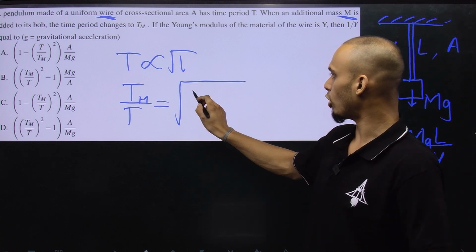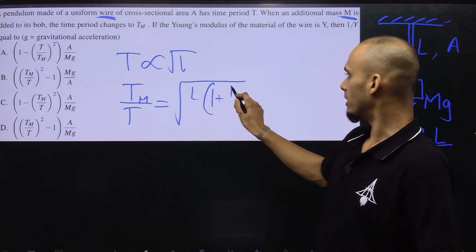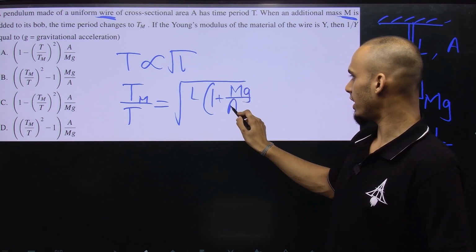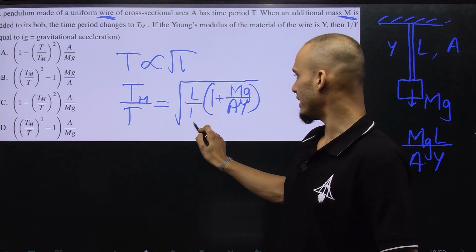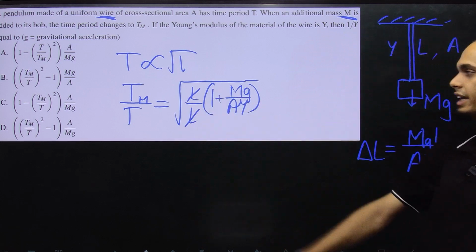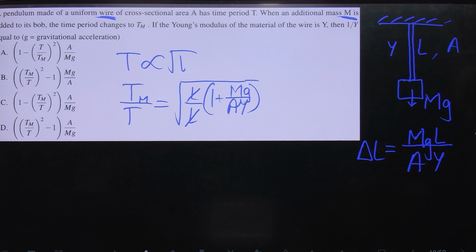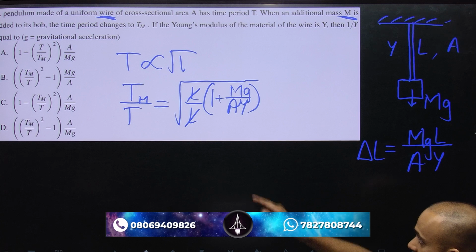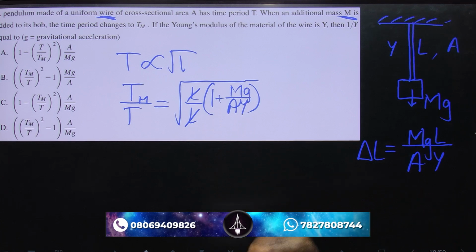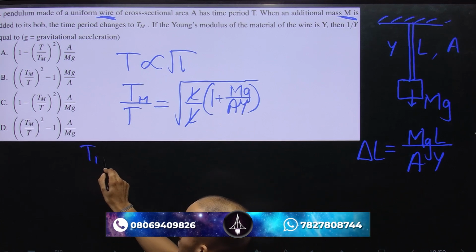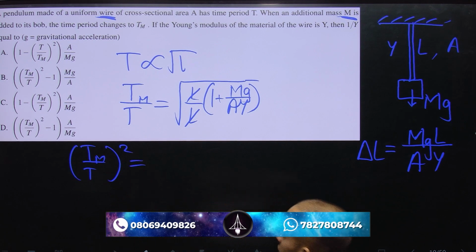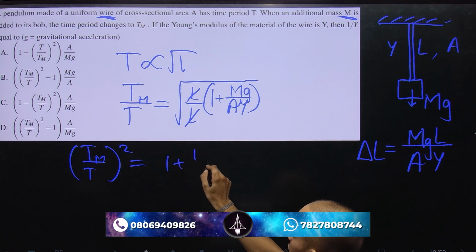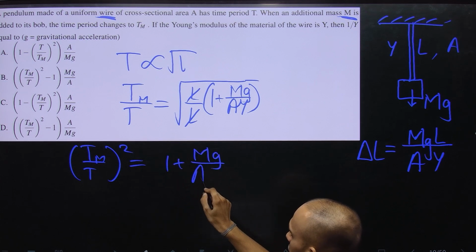We can take L common and 1 plus mg upon AY will give us the new length of the wire, and dividing by L we can get the ratio Tm upon T. Now if we square this term so that we can remove the radical sign from the LHS, we will get Tm over T whole squared should be equal to 1 plus mg upon A into Y.